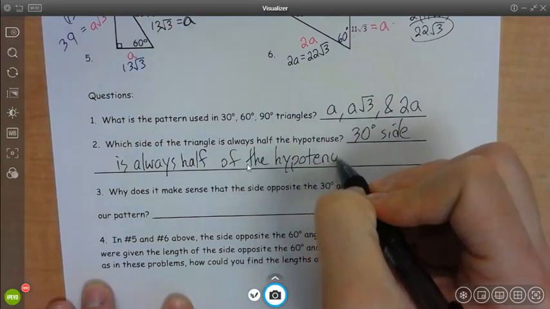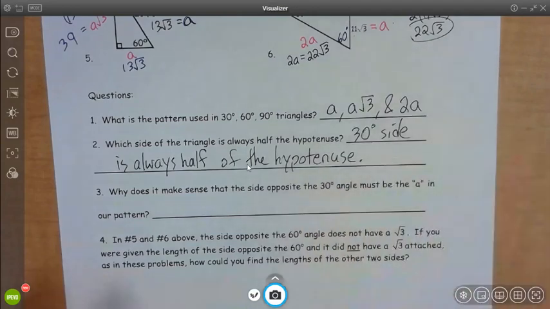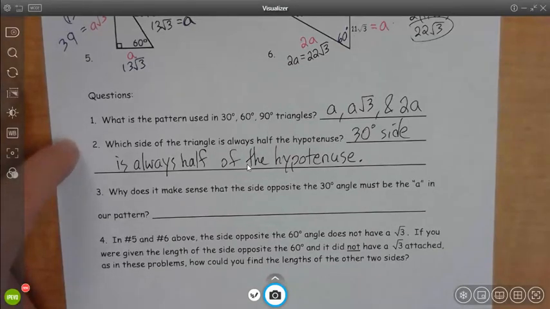And this is something that can be confusing because the 30 degrees is half of 60 degrees, but the 30 degree side is not half of the 60 degree side. The 30 degree side is larger than half of the 60 degree side. But if that's confusing, we already answered number 2. The 30 degree side is half of the hypotenuse.